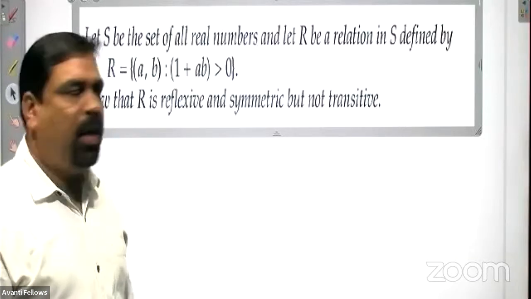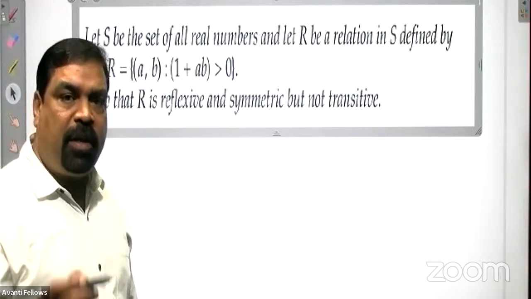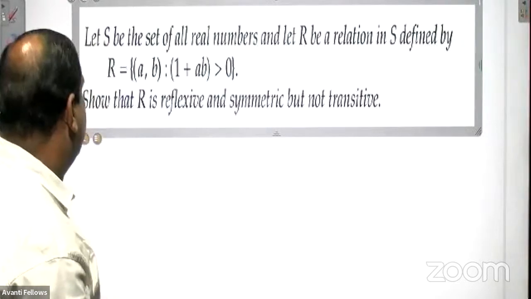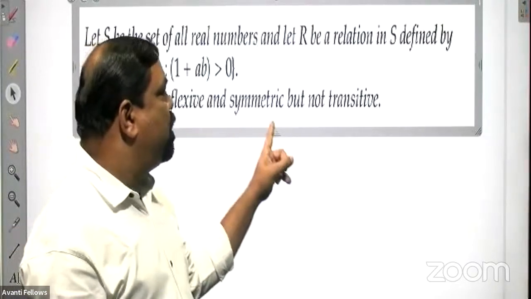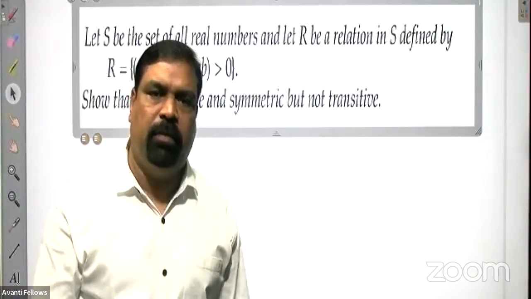That is the relation. Show that R is reflexive, symmetric, but not transitive.